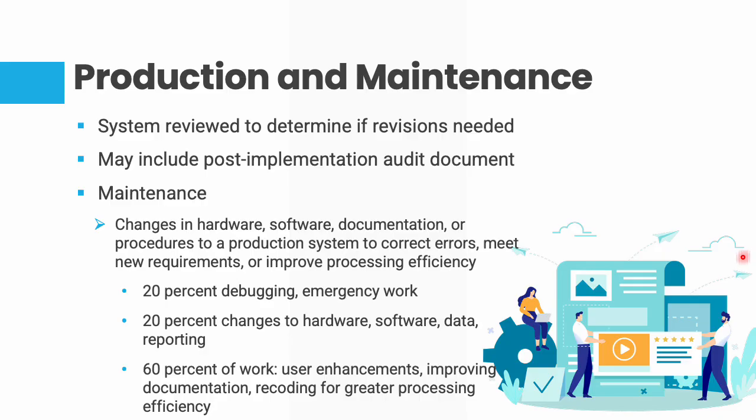In this stage, we do a review, sometimes called a post implementation audit. We ask, is the system actually doing what we planned? Is it providing the benefits we expected? We ask these kinds of questions, and this will help us see if any big revisions are needed.